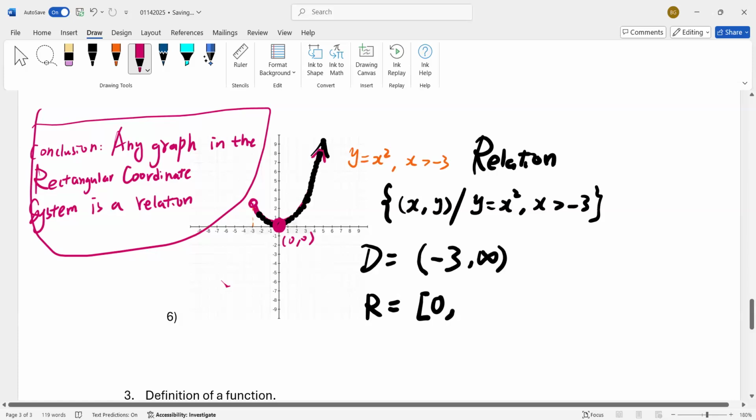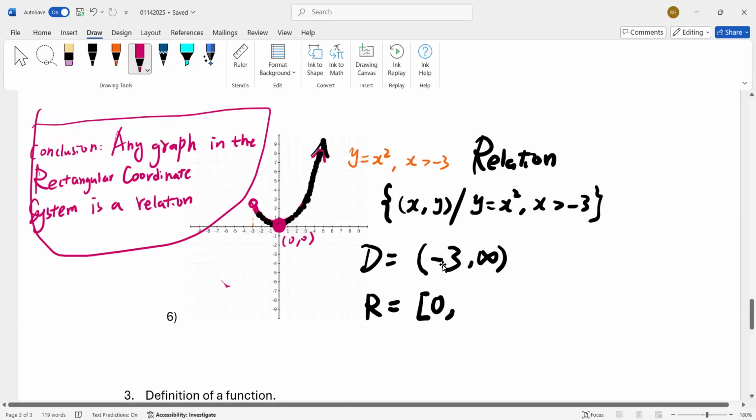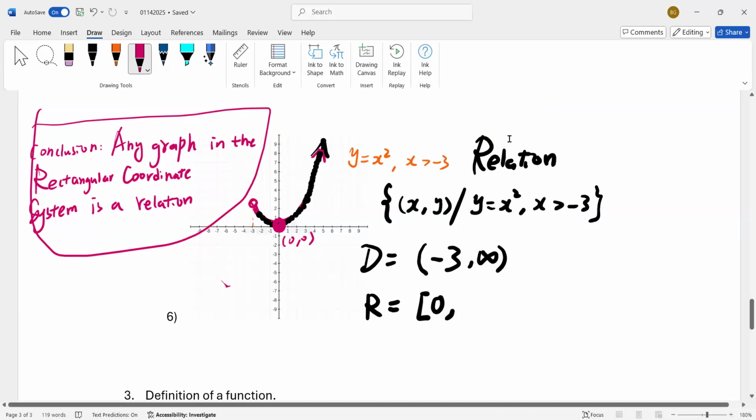If it's included, bracket. If it's excluded, use parentheses. If it's a solid dot, bracket. If it's a hole, like a circle, parentheses. Okay, if you don't see all of them, it's okay. As I said, we will have other chances to practice the same thing.